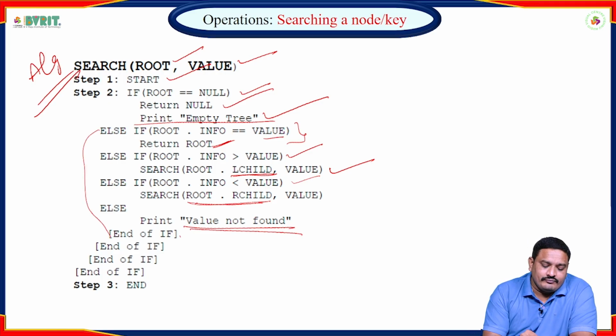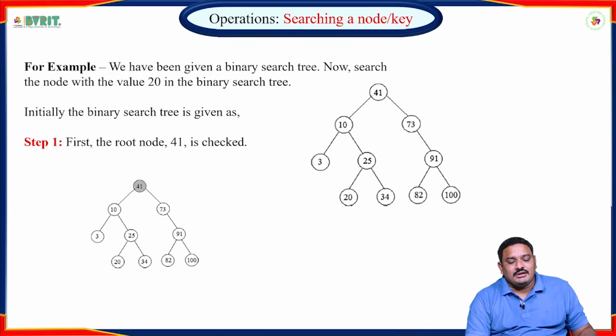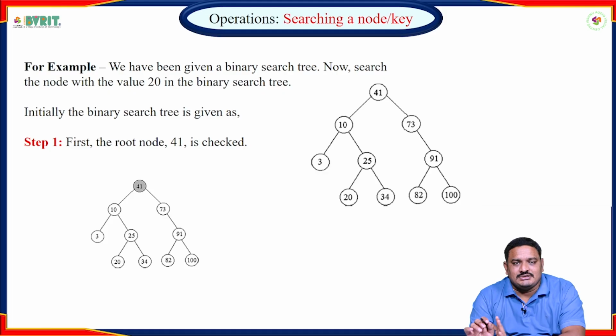End if. Finally, step 3. This is the algorithm for searching an element. See this example based on the previous algorithm.